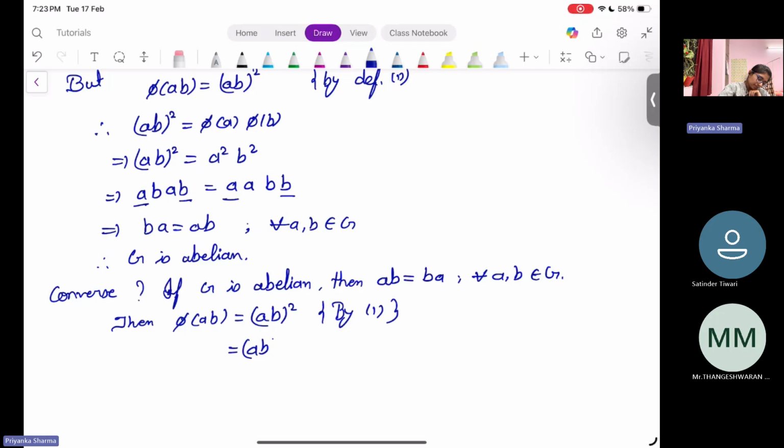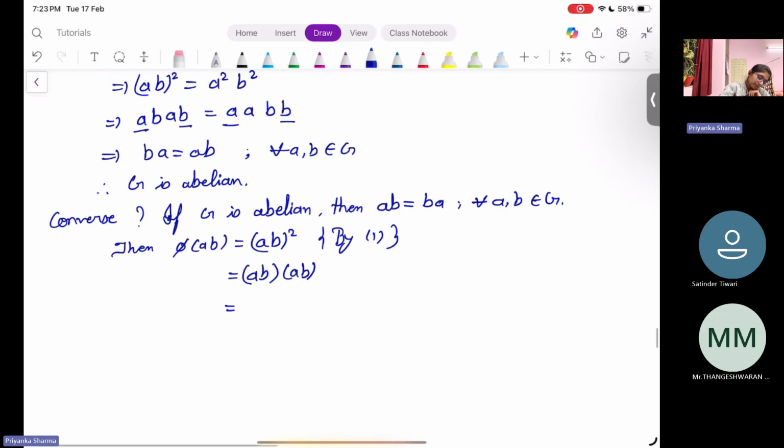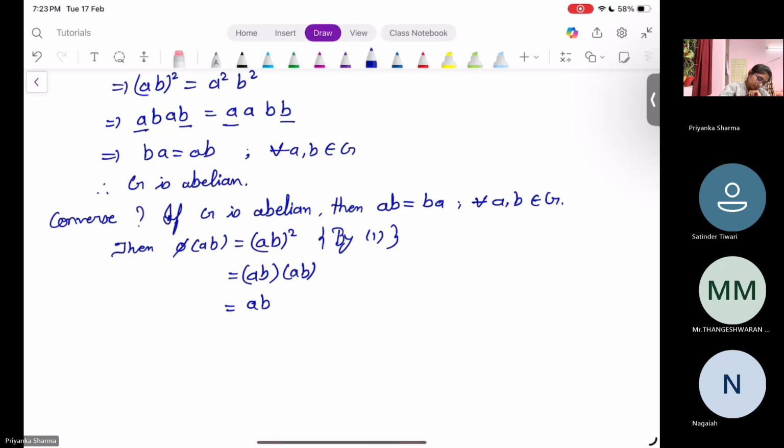That is abab, but the group is abelian, so this is aabb.